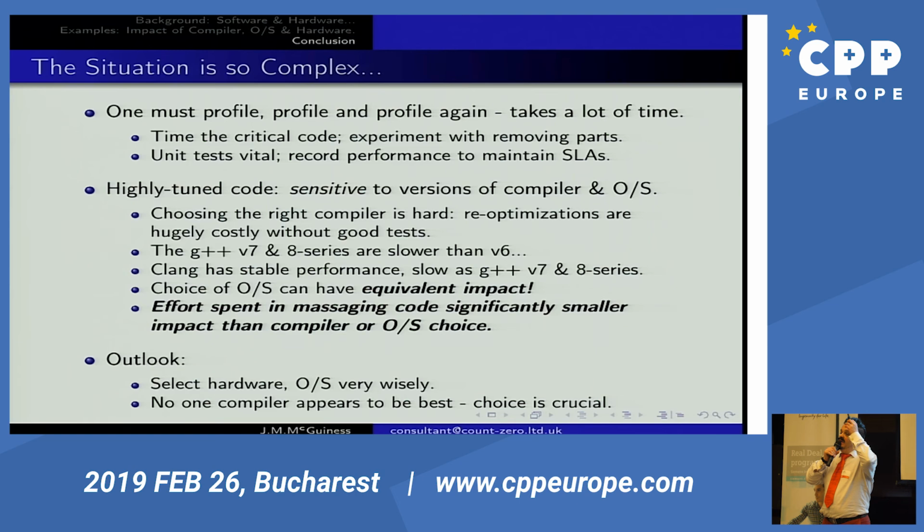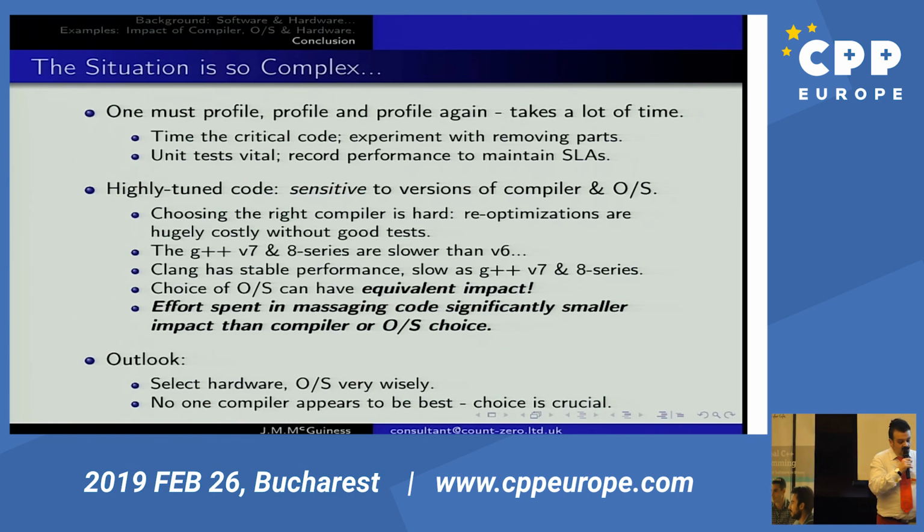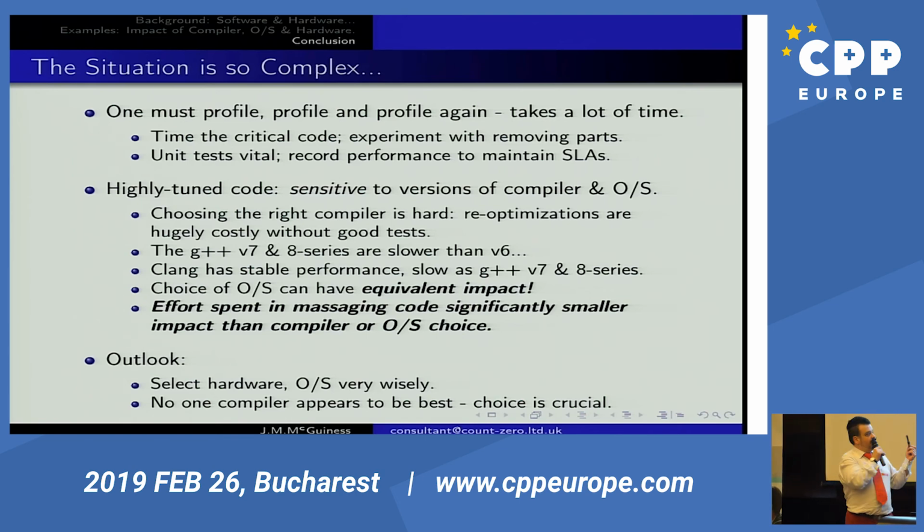The Folly library: Andrei Alexandrescu commonly talks about double to string conversions in there, integer string conversions. He has various versions of doing it. And on Intel, they have one performance profile. On AMD, a different performance profile. One needs to select the hardware very wisely. As you've seen, the operating system is crucial as well.